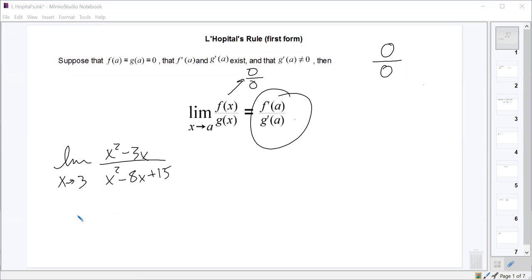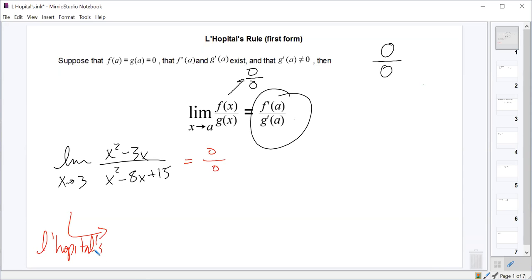Plug in 3. If we plug in 3, what do we get? The numerator is 0, right? What about the denominator? Looks like the denominator is 0. We get 0/0.